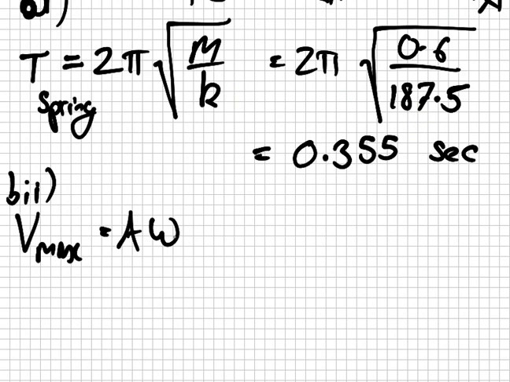The problem is, we know this, but we don't know omega. But we can use the formula T equals 2 pi over omega.